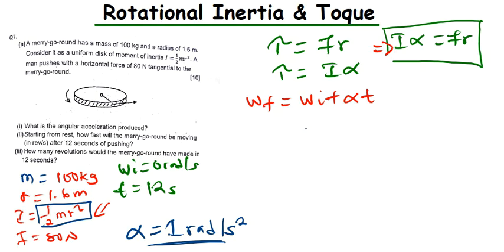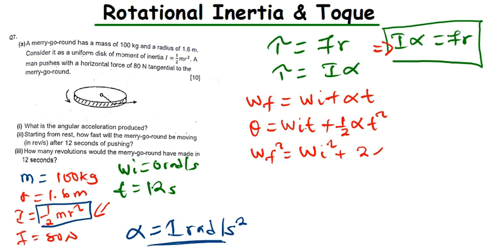Another formula which we need to know is that theta is equal to omega initial times time plus half angular acceleration times t squared. Another one is omega final squared is equal to omega initial squared plus 2 alpha theta.